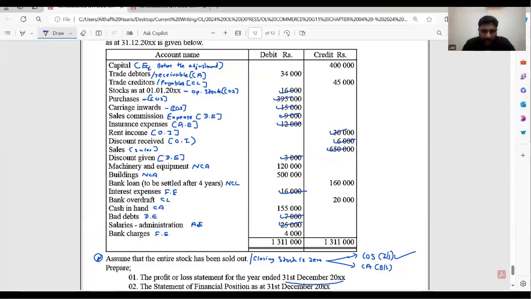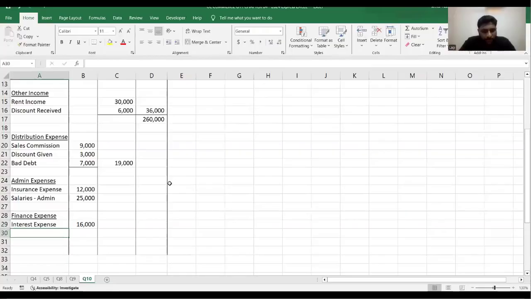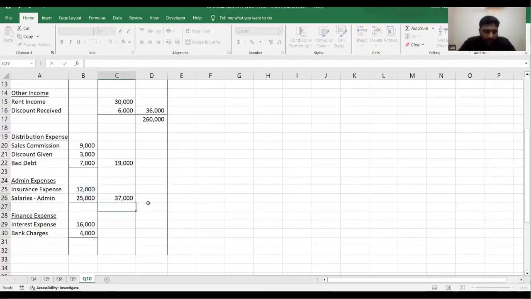Then bank charges 4,000. So we are done with that one as well.